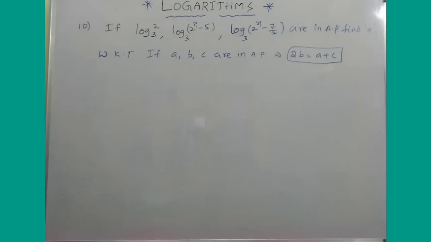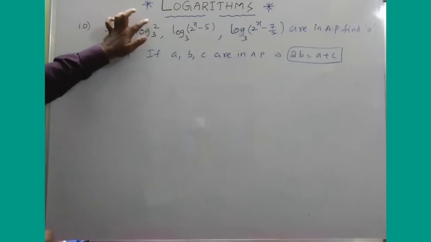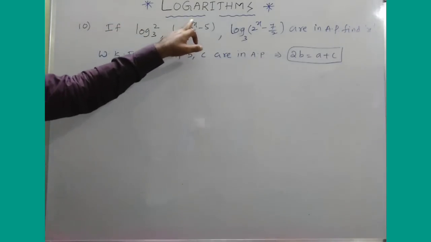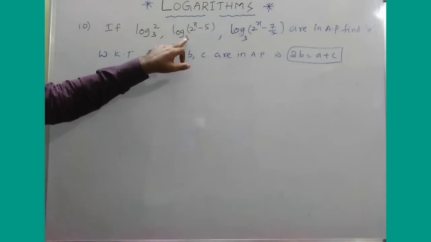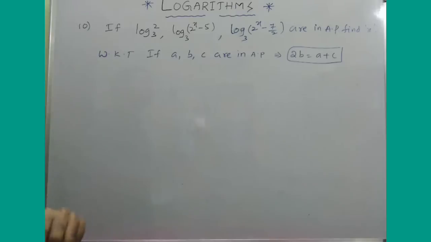If A, B, C are three numbers in AP, then the condition is 2B equals A plus C. So here the first term A is log 2 to the base 3, B is log of (2 to the power of x minus 5) to the base 3, and C is the last term.